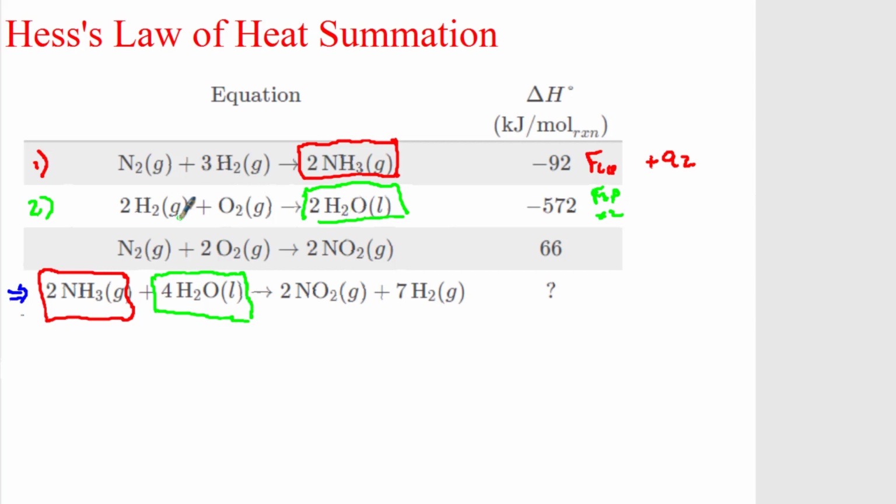So we're going to have to flip the H2O on this side, and we're going to have to double it to become 4. So that makes negative 572 become positive 572, and we have to double it. So that gives me positive 1144 kilojoules per mole. Now let's look at the third and final reaction. Can you see how we have NO2, and there's two NO2s, which means we don't have to multiply or divide or anything.